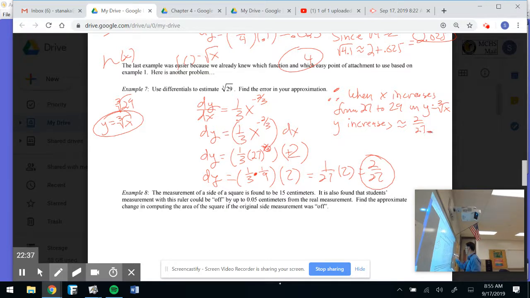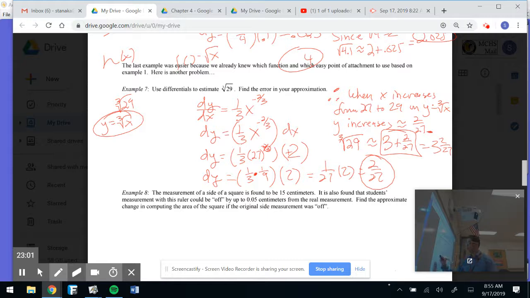Well, what would that mean? That would mean the cube root of 29 is approximately equal to, well, the cube root of 27 was 3, so it'd be 3 plus my change in y. Okay? A fancy way of writing that would be 3 and 2/27.